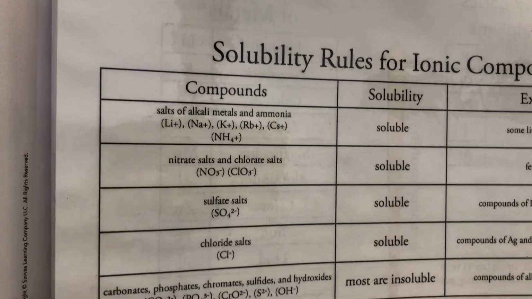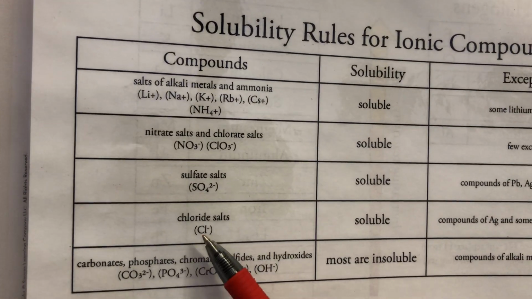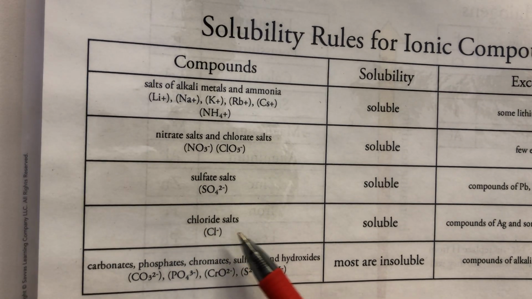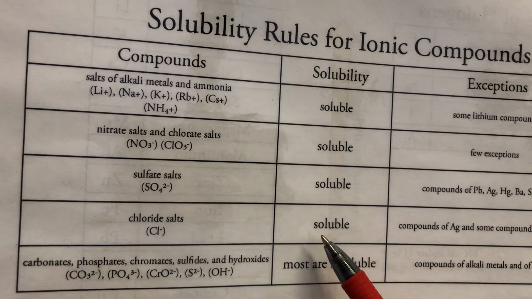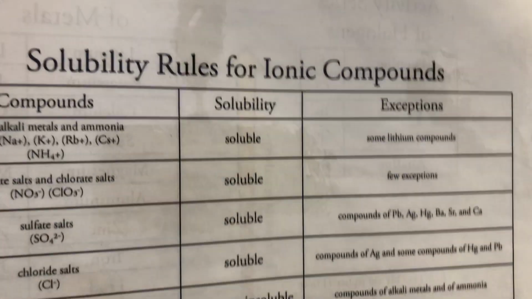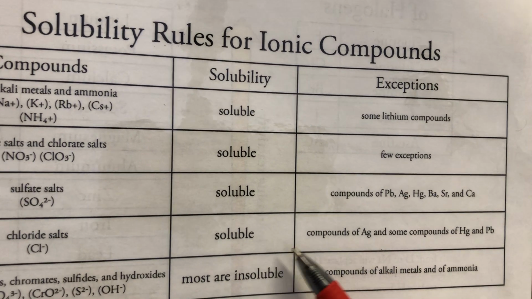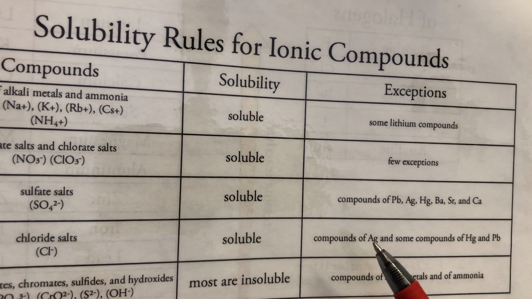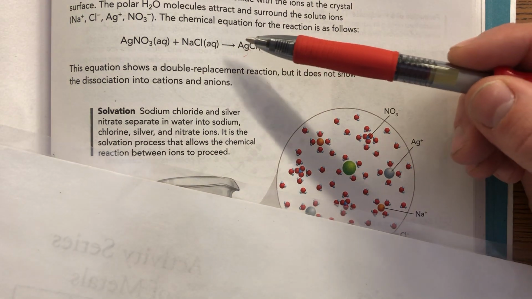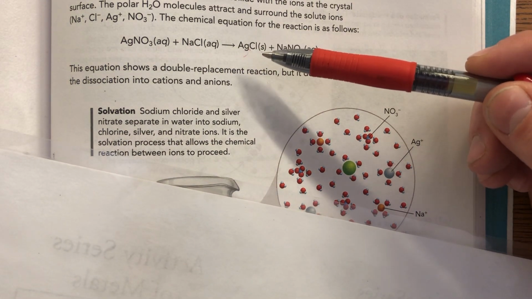The first one is silver chloride, so let's look for chlorine. Okay, there's chlorine. Chloride salts are soluble, right? And in the problem it says it's a solid. But if we look at the exceptions, it says that with compounds of silver, well, silver is bonded with chlorine, so it's going to be a solid.